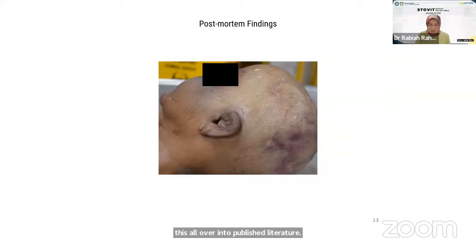And this cauliflower ear, we also call a boxer's ear, was consistent with a substantial impact having been applied to the deceased's ear when she was alive.